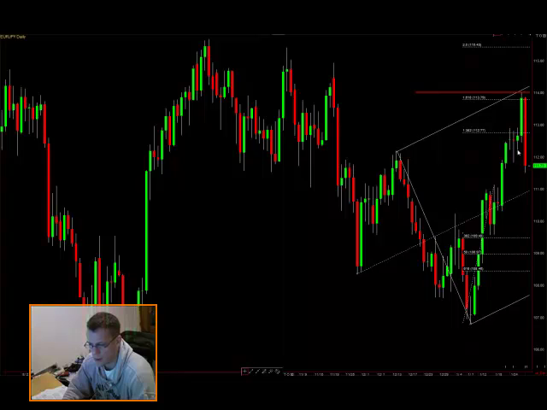And so we saw a reversal of nearly about 200 pips, and I was able to get out of this at 112, and I was able to pick up about 190 pips on this trade.